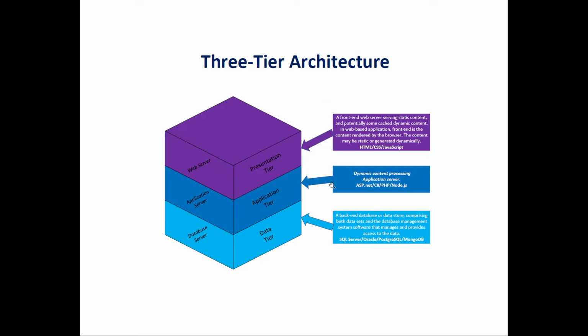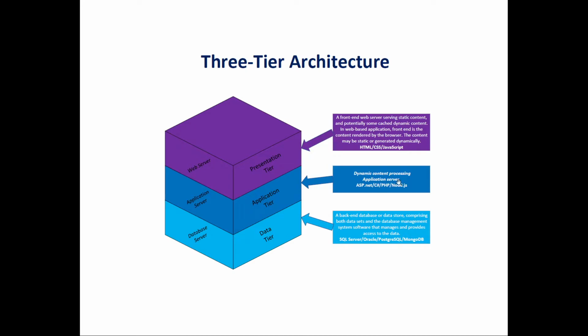So when we move to upper-level architectures, or multiple levels, we might add in an application tier. So what's an application tier? Well, that's some programming that might run. We might have something in ASP.NET, which is Microsoft's big world of programming.